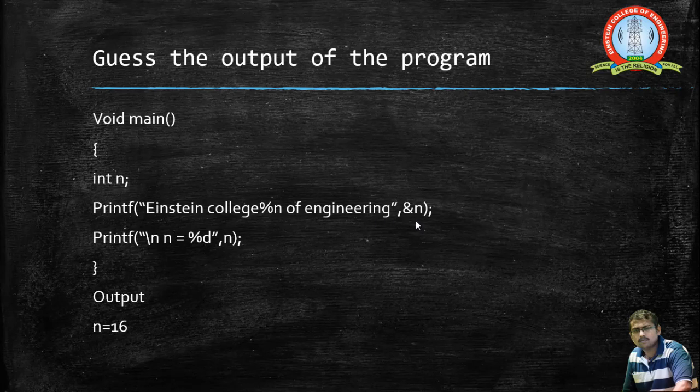Now you see, when you have a %n, this is a pointer to the stream of strings present over here, where it has the count of the total number of characters. So that is the usage of n here.